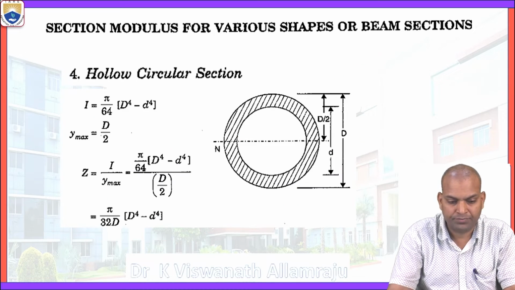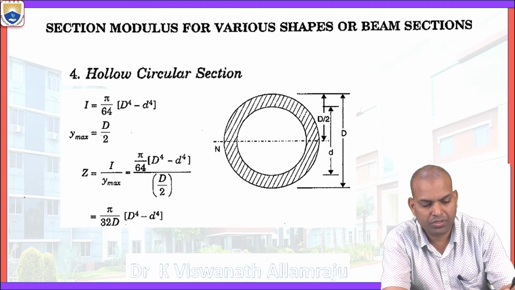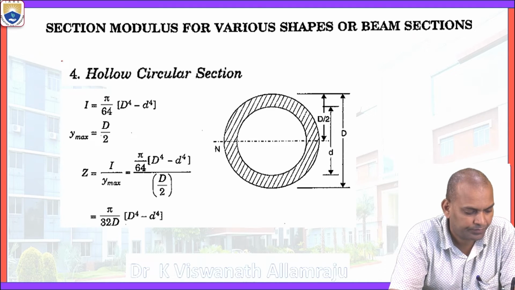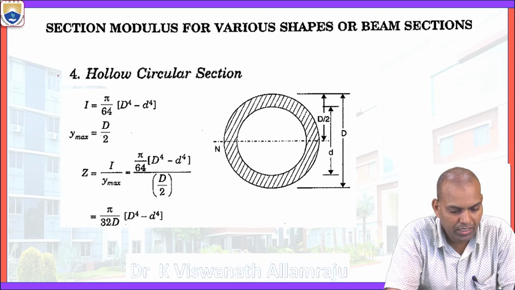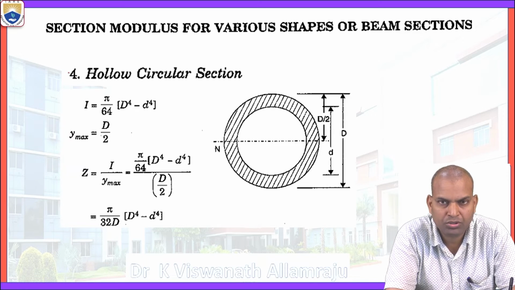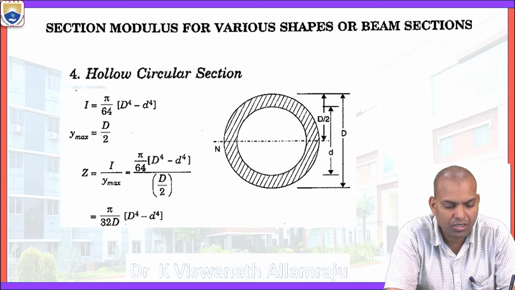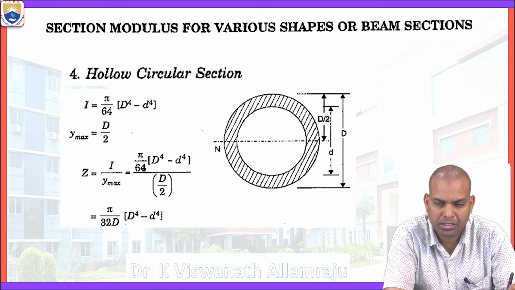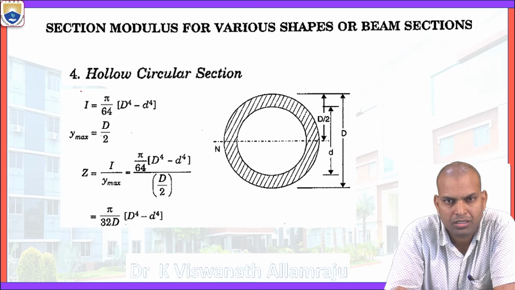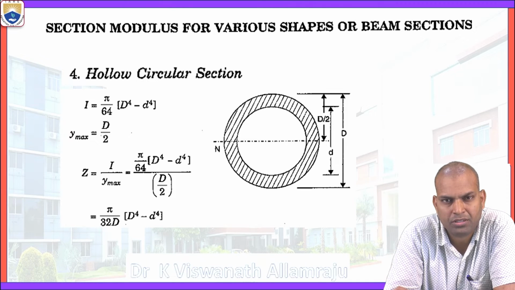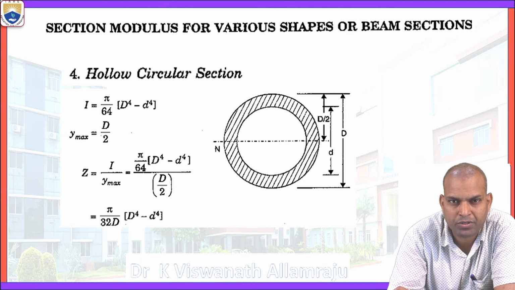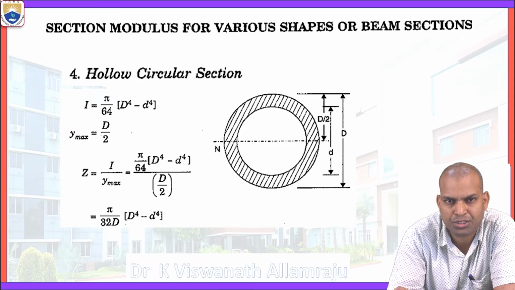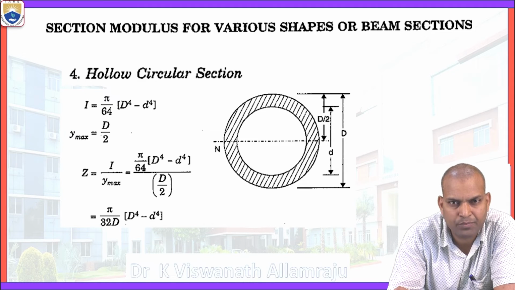The next section we can observe is the hollow circular section. The section modulus for the hollow circular section: in principle, the section modulus formula is I by Y maximum. What is the I for this hollow circular section?